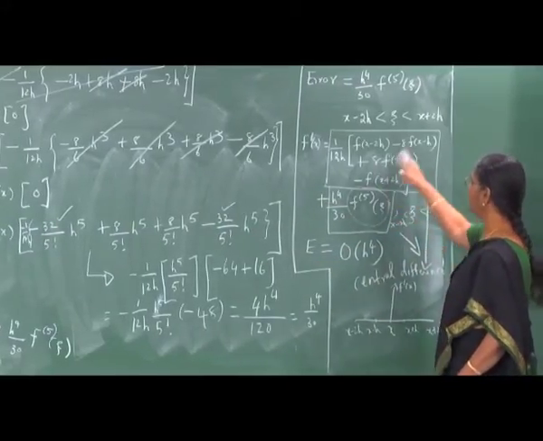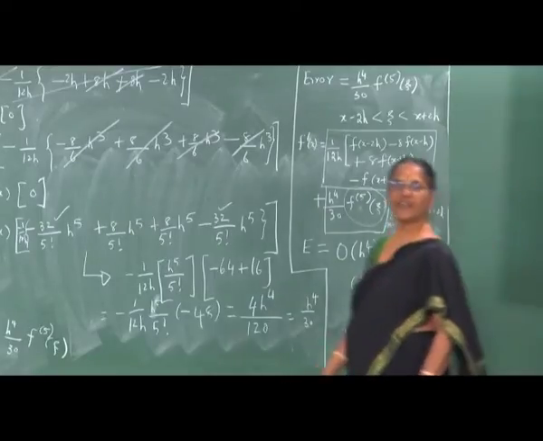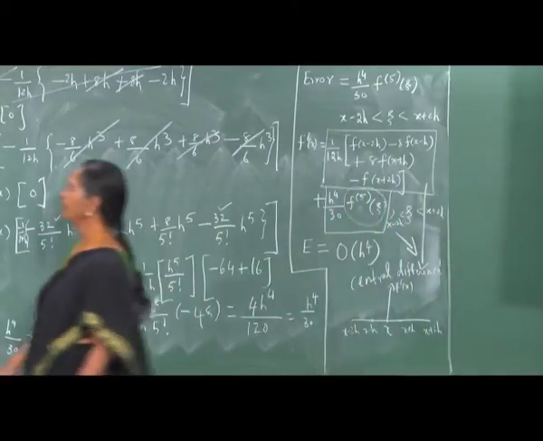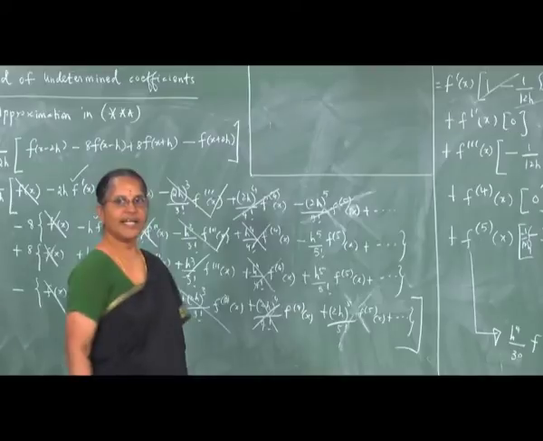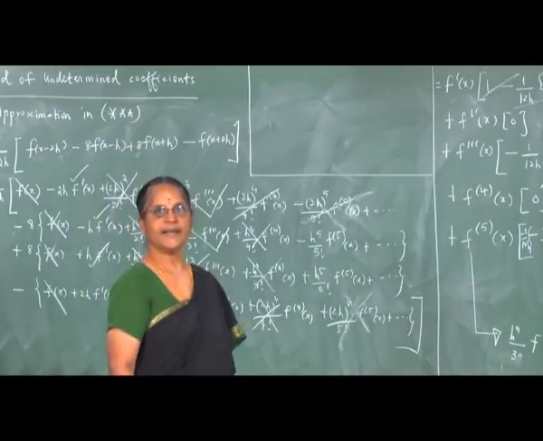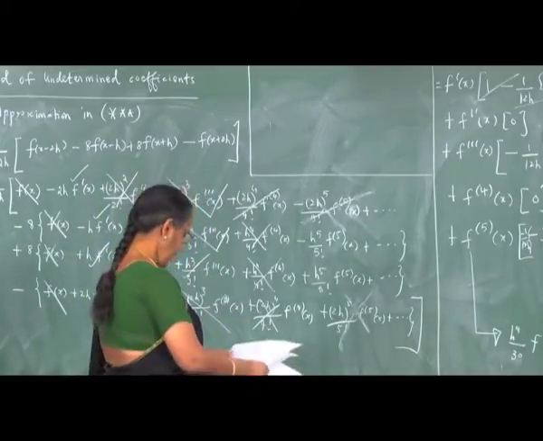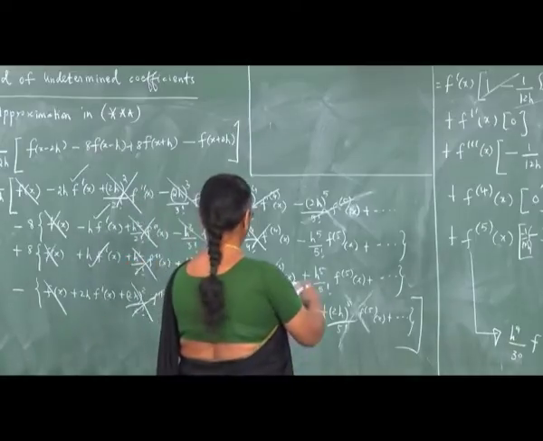So, this method is known as a central difference approximation method. So, as I said, I shall give you one or two such methods, and I would like you to obtain those methods by working out the details.